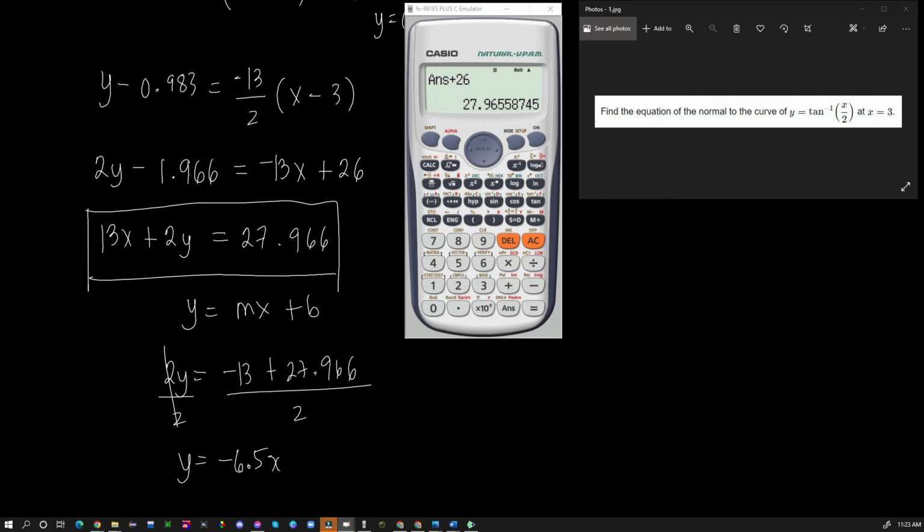Then, 27.966, i-divide na by 2. Pila na siya? 13.983. Tama?